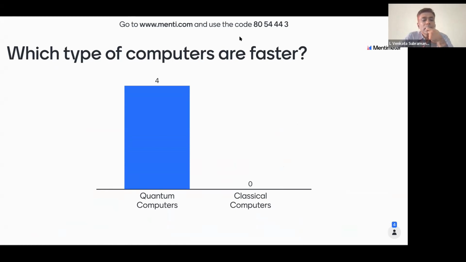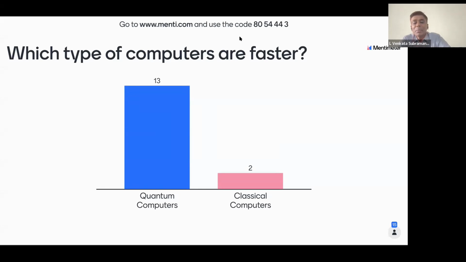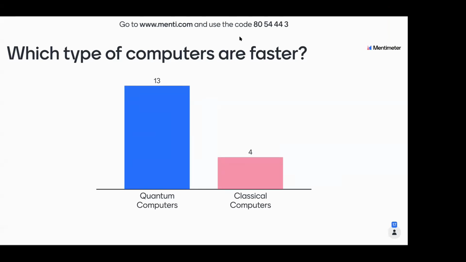So I see votes for quantum computers, nobody so far for classical. Okay, I see 1, 2. There are some people who think classical is faster too. Okay, great.